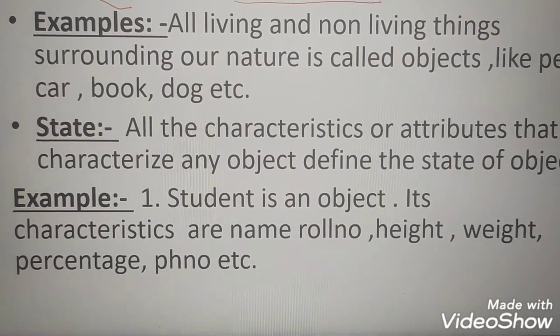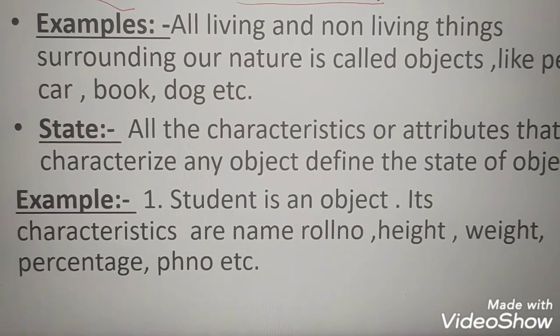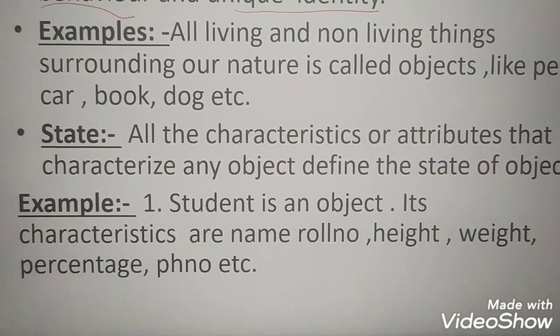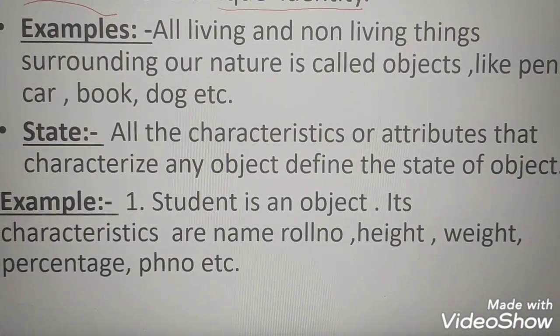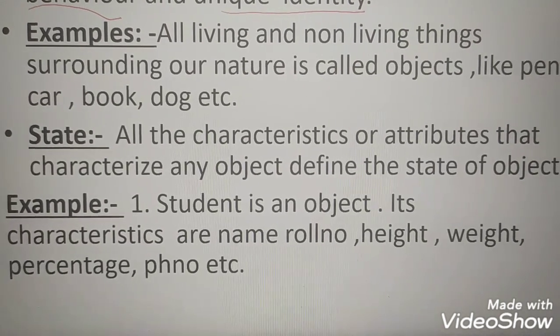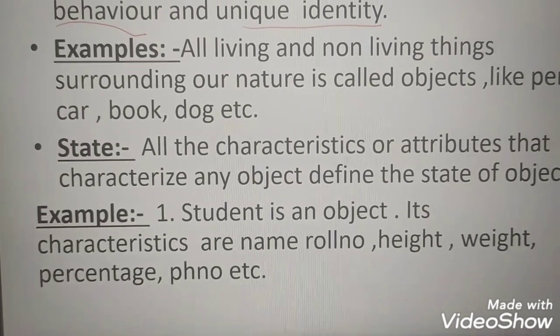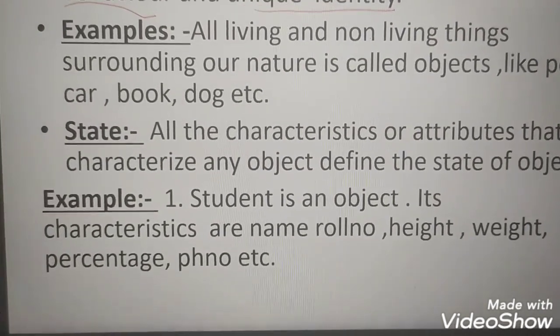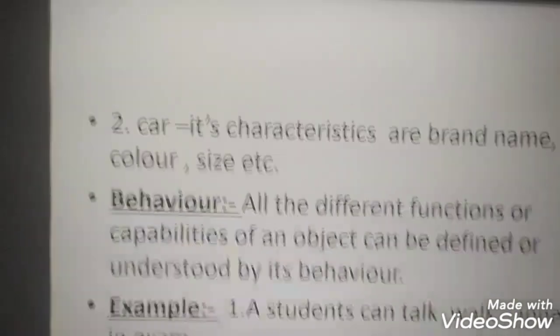So in another way, it is nothing but what? The data. These are the data related to the student object. So the state is nothing but the data, which we also call characteristics or attributes. So the characteristics or attributes which characterize any object or define an object are called the state of an object. Go to the next slide.